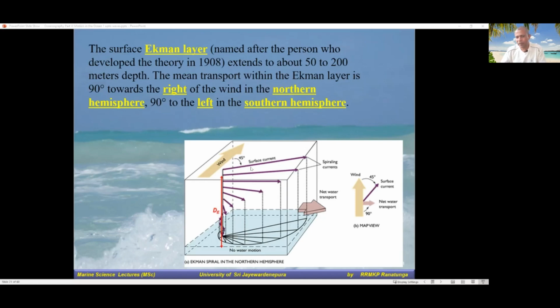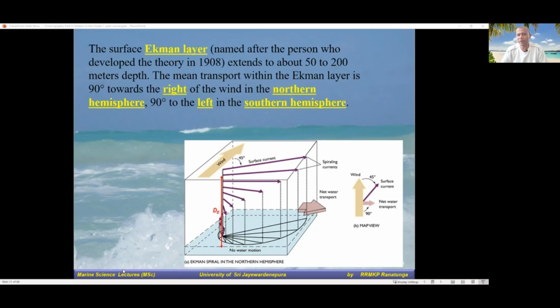So again, if you do not understand, you can forget about that, but one thing you have to remember is that the movement of the ocean will be at an angle to the wind direction. So, you know that one. Now, if the depth is enough, sometimes the movement of the water column may even be in the opposite direction.